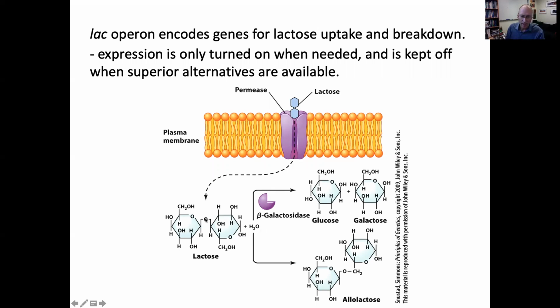Beta-galactosidase cuts the disaccharide into monosaccharides. There's a side activity of beta-galactosidase that produces a molecule called allolactose, which turns out to be the inducer. When it binds to the Lac repressor, it pulls it off of the DNA, or, to be more precise, stabilizes a conformation that doesn't bind as effectively to the DNA.